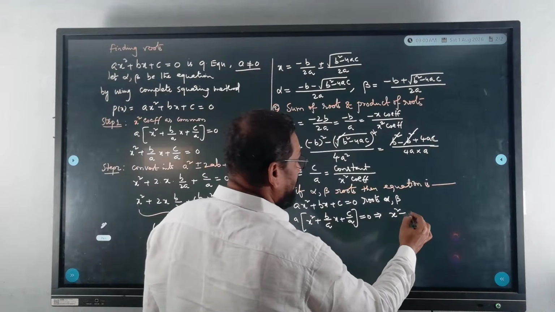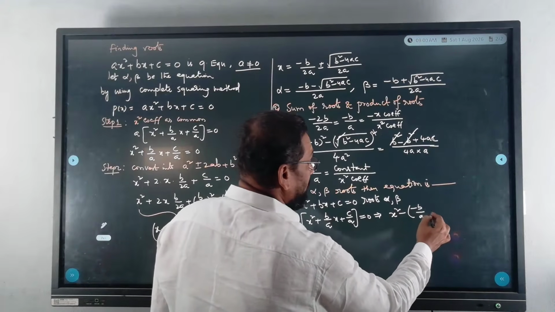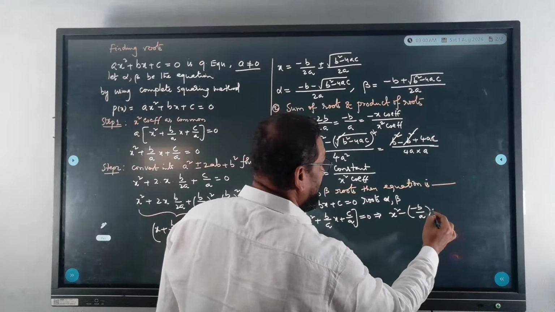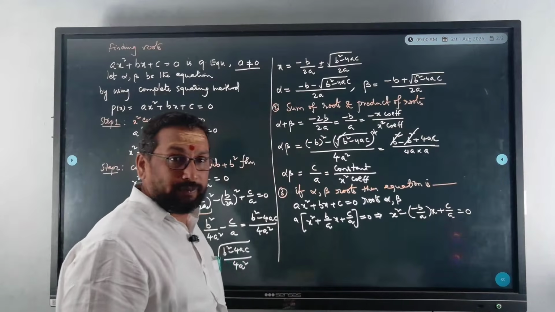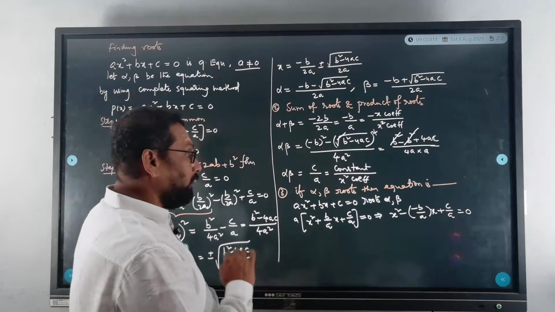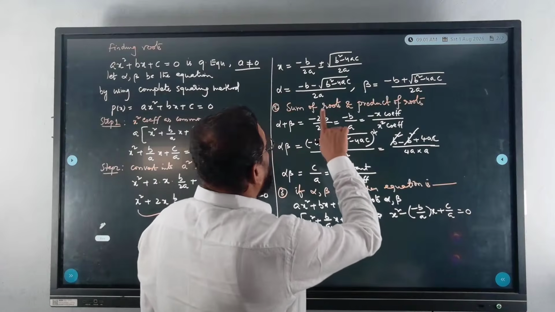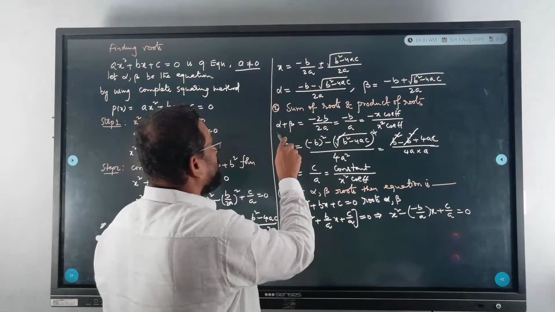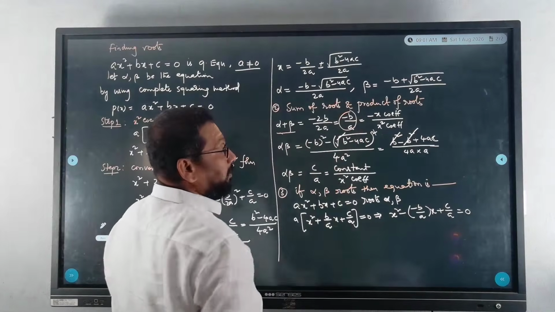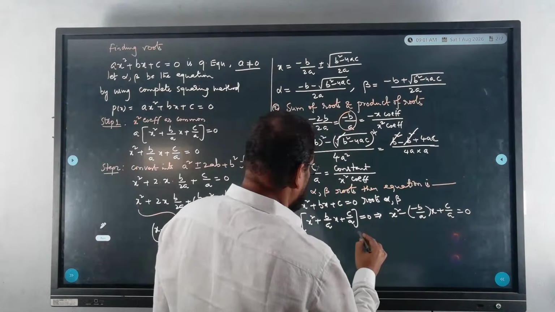So x square minus of minus b by a times x plus c by a equal to 0. Okay. Now if you will observe, minus b by a can be replaced by alpha plus beta.